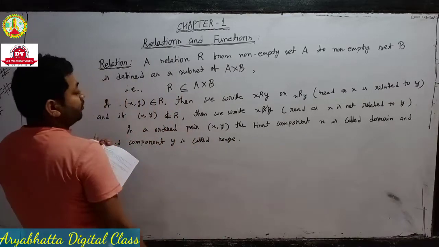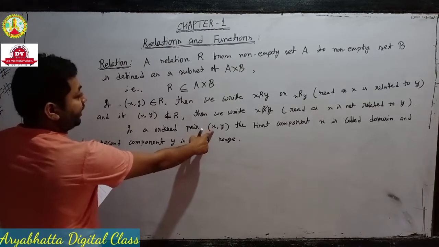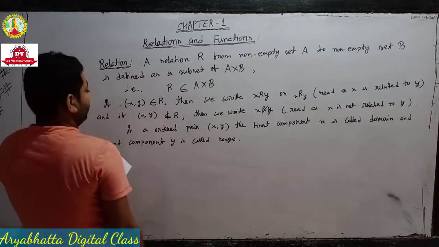In an ordered pair (x, y), the first component x is called domain and y is called range.